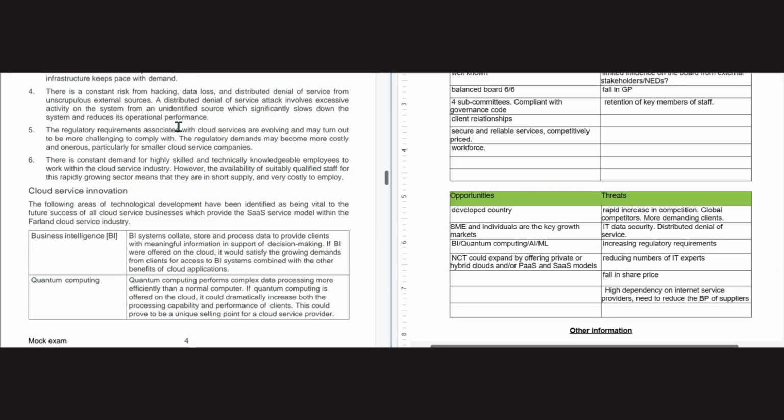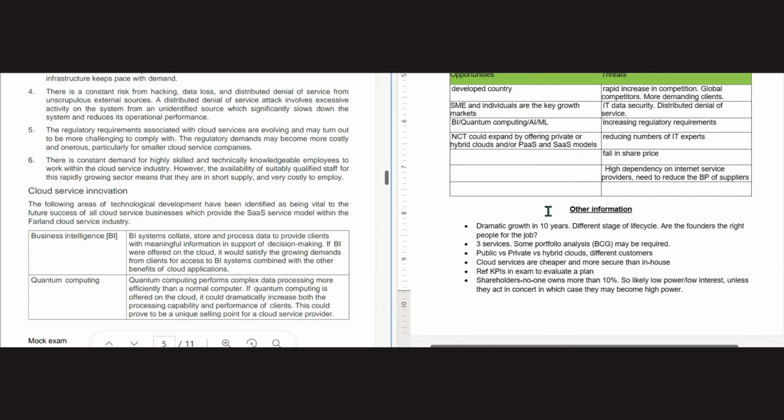Okay, regulations are another potential threat. Regulatory requirements might become more expensive to keep. Increasing regulatory requirements, there we go.